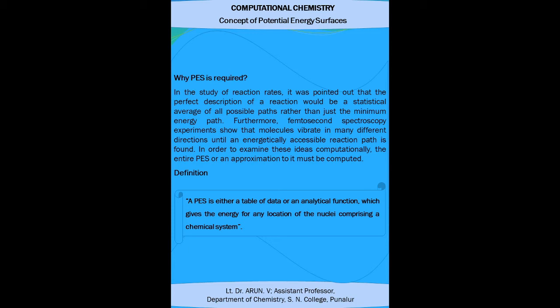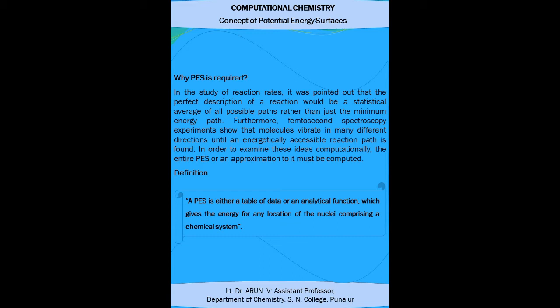Furthermore, femtosecond spectroscopy experiments show that molecules vibrate in many directions until an energetically accessible reaction path is found. Once it is found, the reactants are converted to product in that reaction path. That is the description of that reaction.